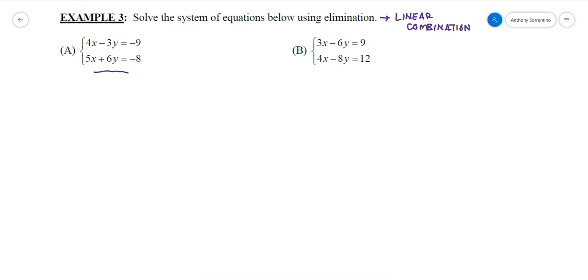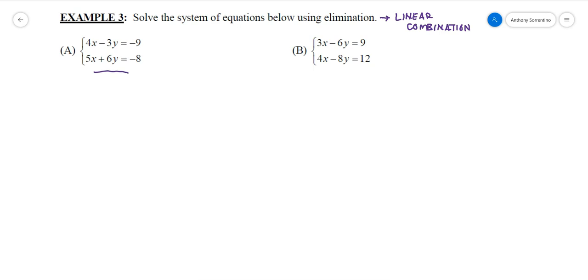And again, I make the choice about what I do based off of what's there and which would be the easiest to get to that situation where I would have the same number in front of the x's, with one being the opposite of the other, or the same number in front of the y's with one being the opposite of each other. So there's different ways you can go, but oftentimes there's going to be one that's a little easier than the others.